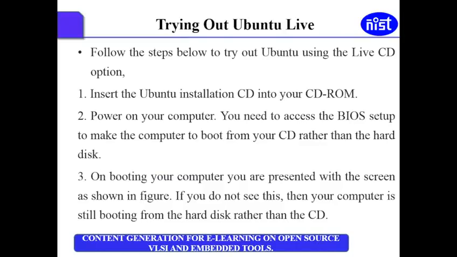First comes trying out Ubuntu live. Follow the steps below to try out Ubuntu using the live CD option. Insert the Ubuntu installation CD into your CD-ROM first and power on your system. You need to access the BIOS setup to make the computer boot from your CD rather than the hard disk.